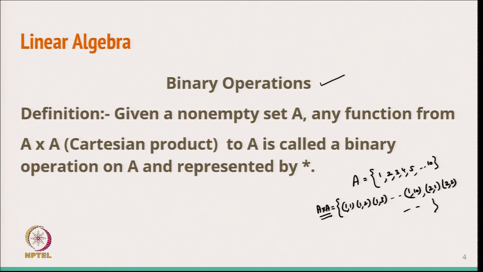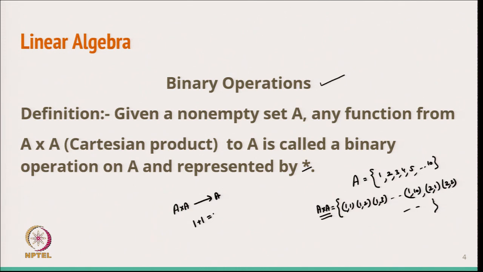So, a binary operation is this: given a non-empty set A, any function from A cross A to A is called a binary operation on A and is represented by star. So, we take A cross A and that goes to A. In this case we are applying some operation here, like I take 1 plus 1.